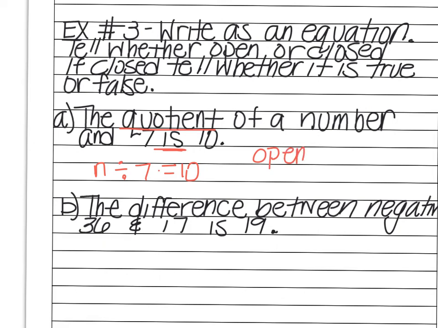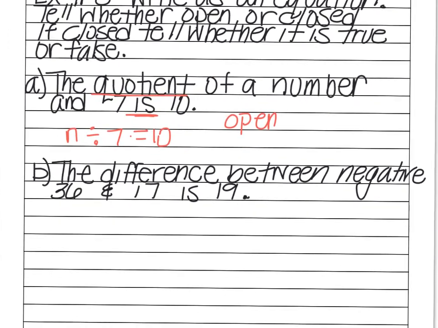Let's look at B. We have: the difference between negative 36 and 17 is 19. Let's underline our keywords. The difference means subtraction, so negative 36 minus 17. "Is" means equals 19.